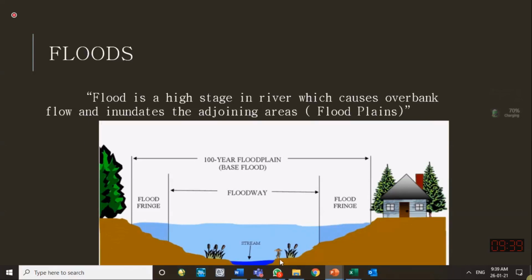What do we call overbank flow? In a compound channel in the main rivers. So flood is related to rivers, not canals. So flooding can be riverine flooding, which is caused by the overflow of rivers. But another kind of flood, which we are not talking about today, is urban flooding. In Lahore, usually the Ravi is not flowing overbank, but sometimes we see water standing in the cities.